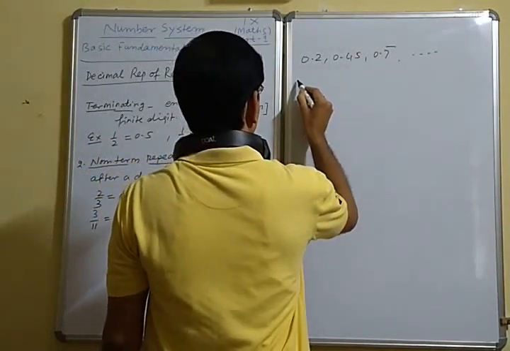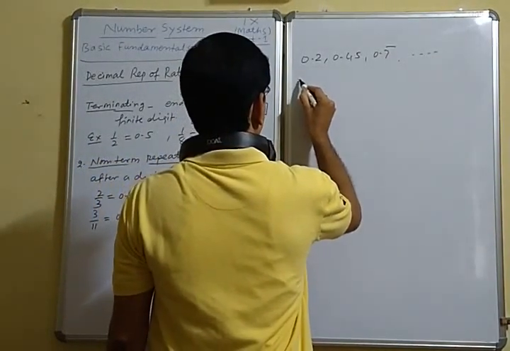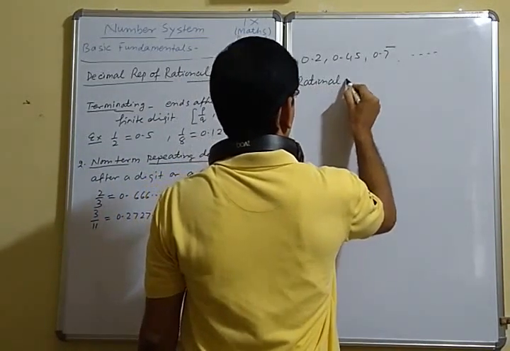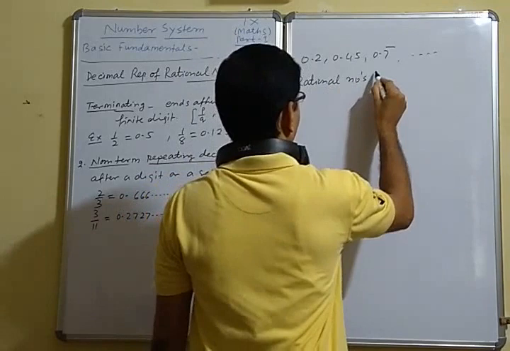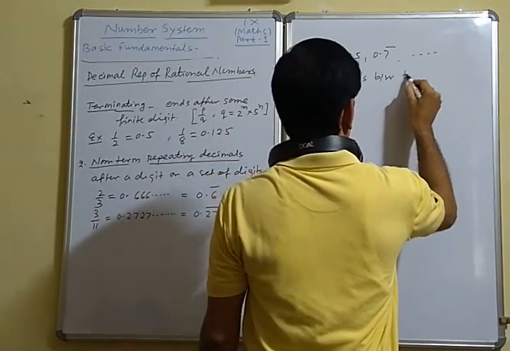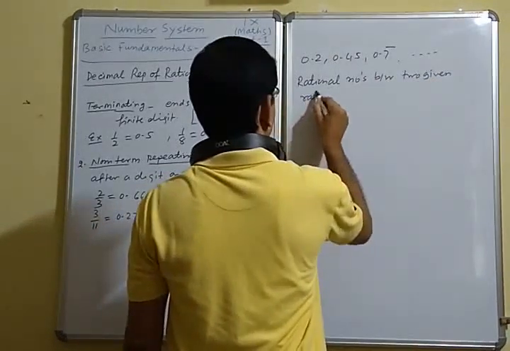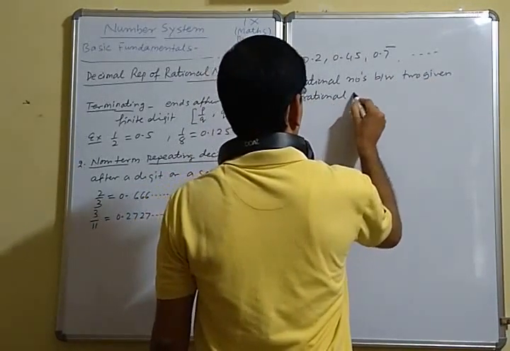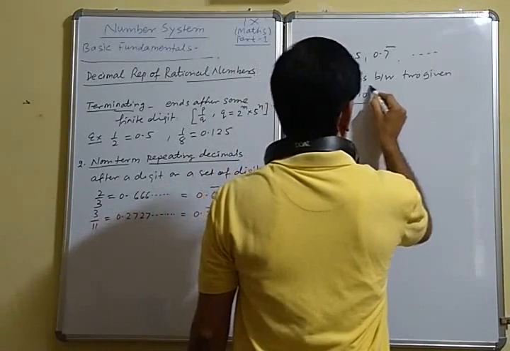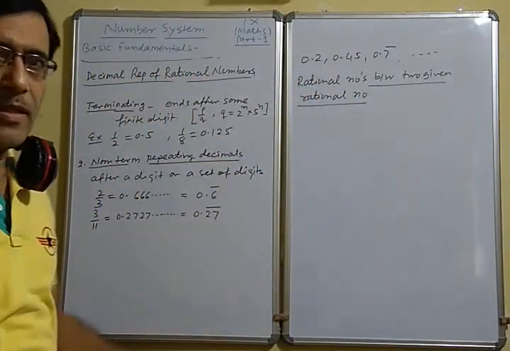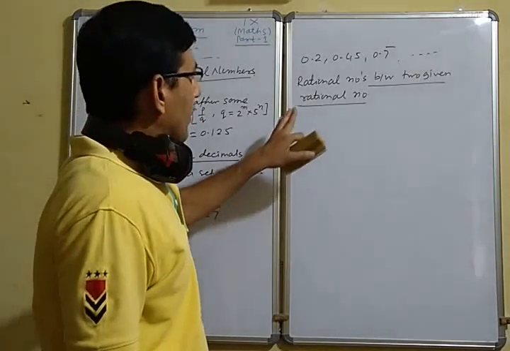Rational numbers between two given rational numbers. Let us see some examples to understand this.